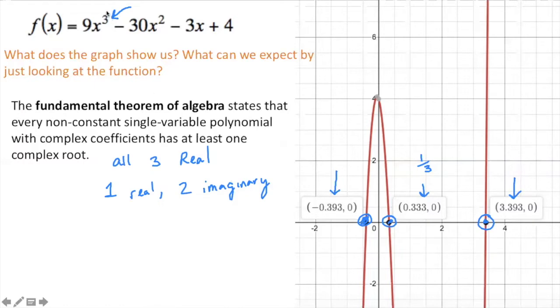To get to the magic number of 3 here, you could have all 3 real, which is the case in this example, or 1 real and 2 imaginary, which is not the case. If it were true, you'd only see the red line cross the x-axis once. Okay, so that tells us a little bit about what to expect, but we're going to have to dig deeper if we want to figure out how this all works.